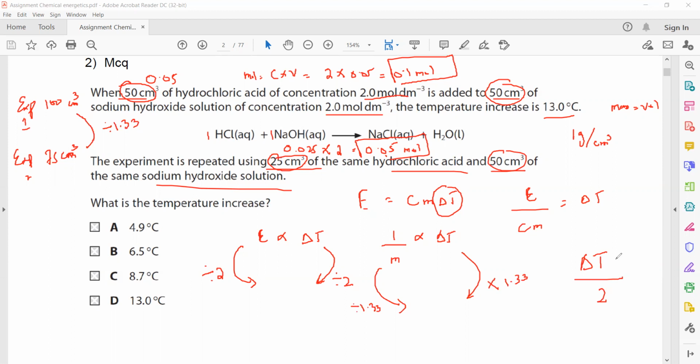And due to the change in volume, it is multiplied by 1.33. The original temperature change, delta T, was 13. So this is 13 multiplied by 1.33 divided by 2. So we get 8.64, which is approximately 8.7 degrees centigrade. Is it clear? Discussion?